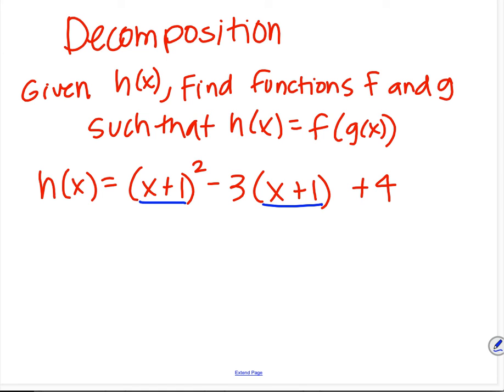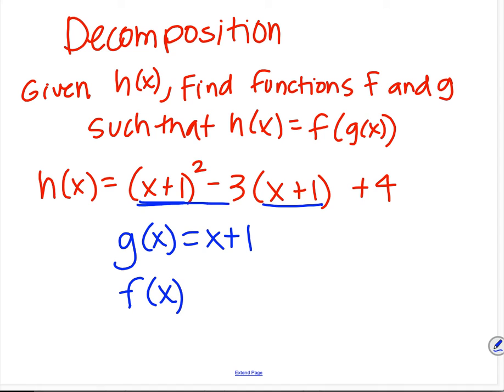So x plus 1 is what we put in for x, so g of x is equal to x plus 1, and f of x would be this with x's in this spot and this spot. So f of x is going to be x squared minus 3x plus 4. A lot of those you can just see what the function is that was placed inside, and you can go from there.